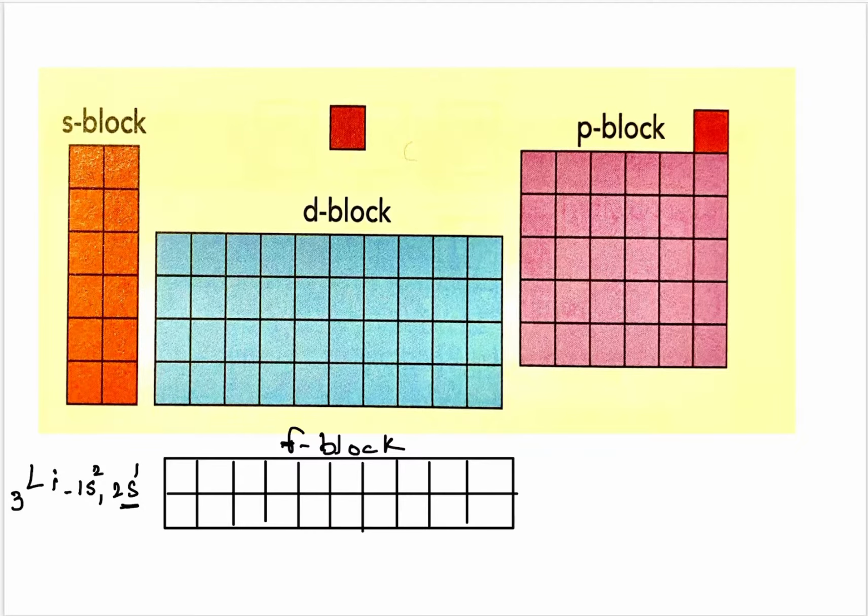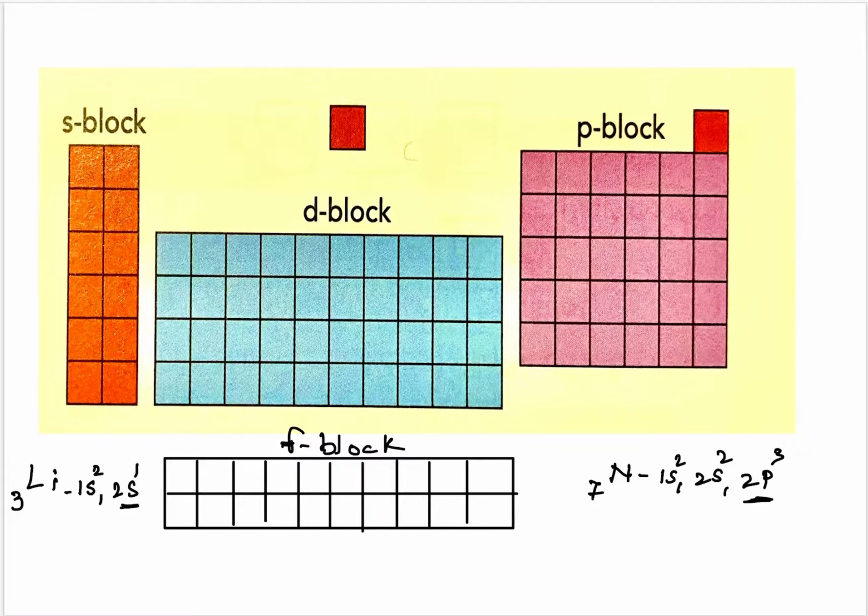Whereas if you take another example, suppose we take nitrogen. Nitrogen is 7. So 1s2, 2s2, and 2p3. So again, we'll see that the valence electron is in the p orbital.